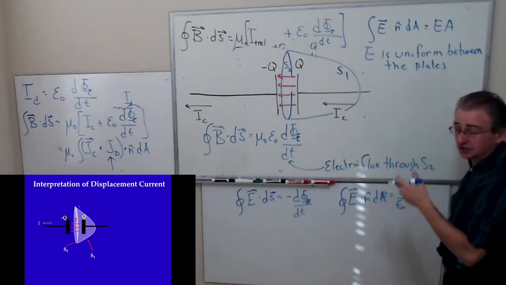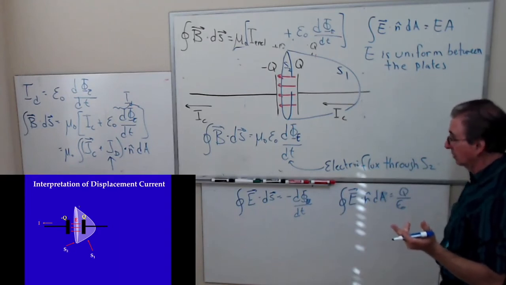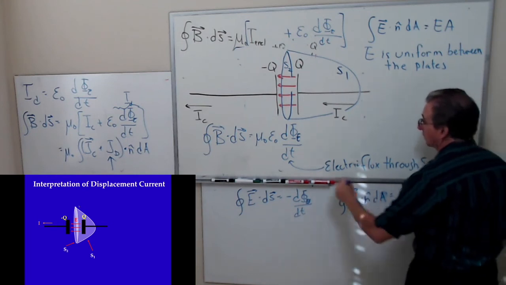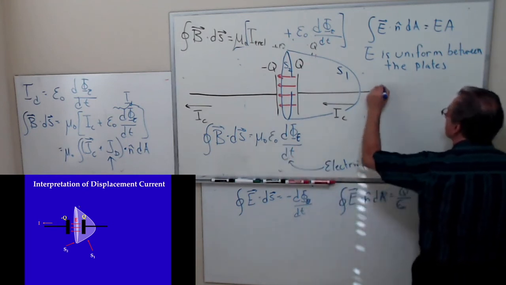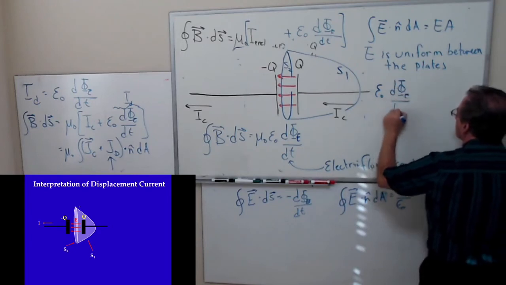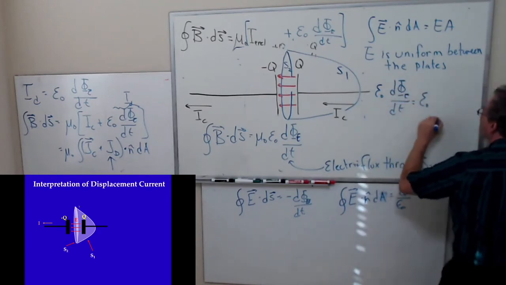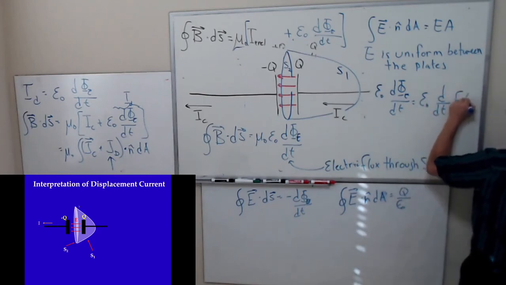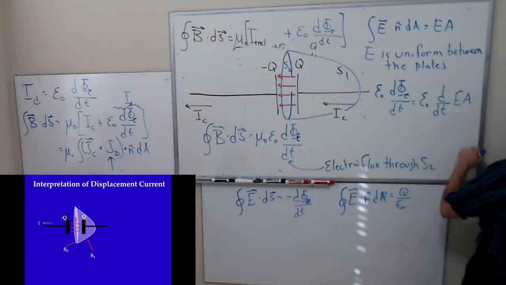But E is changing because the capacitor is charging up. So let's look at this term. I can pull the A out of here.